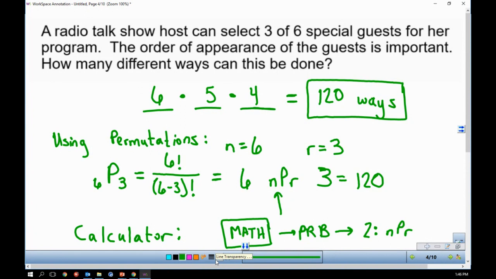So hit math. So we'll look at probability. And then select the one we want, and hit enter. And then we need to put our 3. And that same menu, that PRB menu that we went to, is also where you can get the factorials.